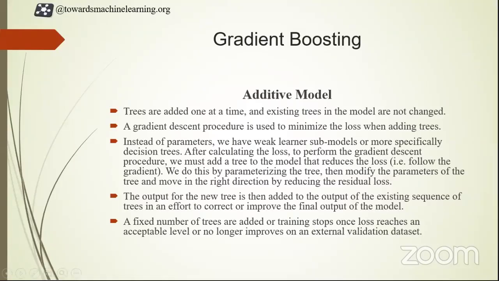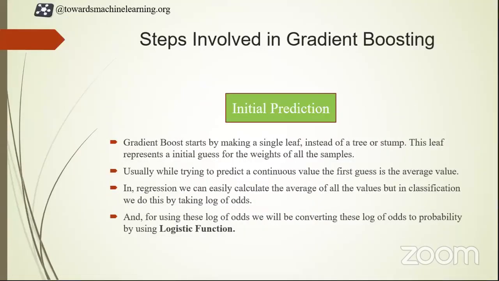It will be more clear to you when we discuss its working. So now let's start with the working, how gradient boost really works. At the very first step, if we have some data set, gradient boost makes its initial prediction. This initial prediction is a leaf, which is the initial guess for all the weights of the samples.